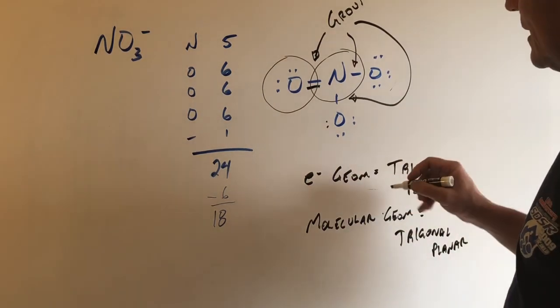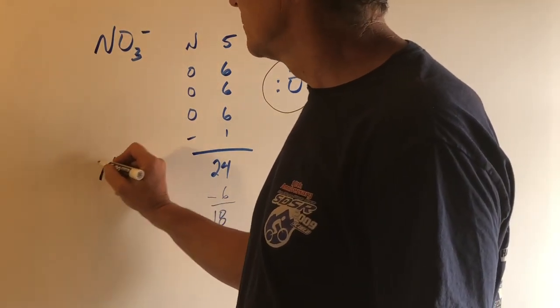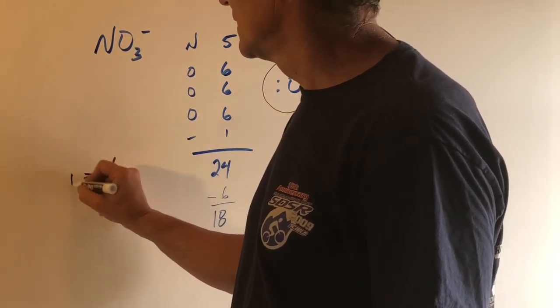Okay, so if I wanted to try to draw this guy a little bit artistically, I would just pick one of the oxygen bonds to have a double bond.